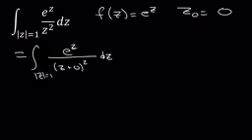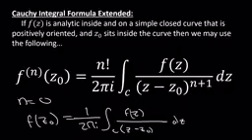But now we need to take care of the n's because we need to be able to use this formula. Well, we can pretty simply rewrite this 2 here as 1 plus 1, which gives us that n is equal to 1. And so we can apply the extended version of the Cauchy integral formula that you can see right up here. Again, we're just going to be multiplying this 2 pi i per n factorial, or really dividing it.